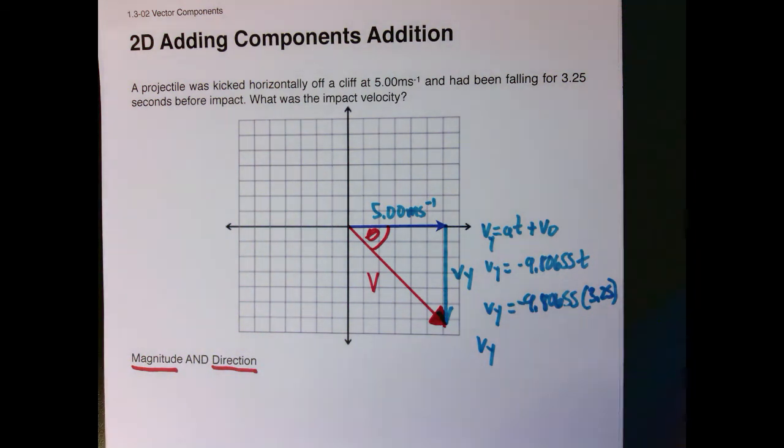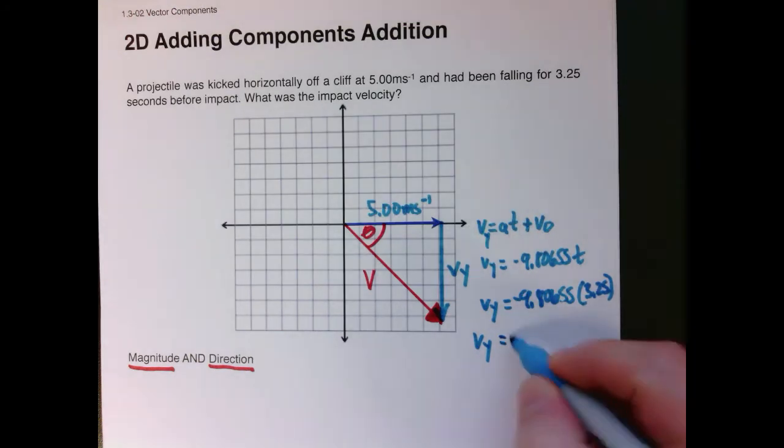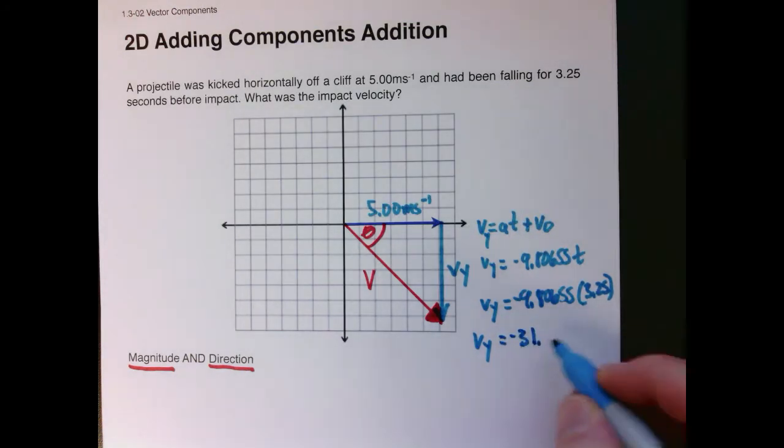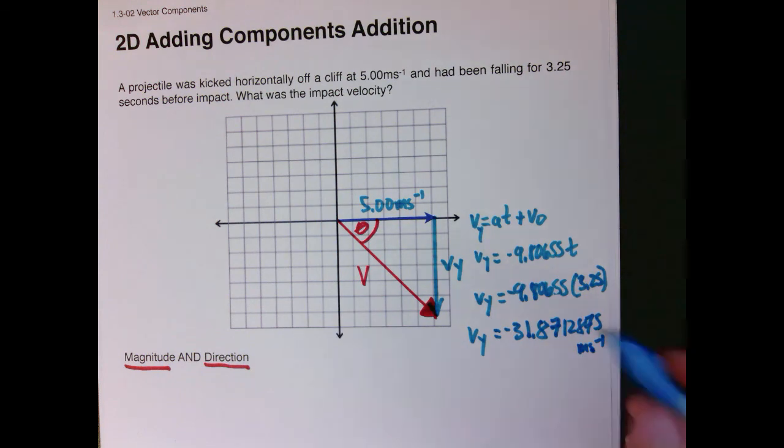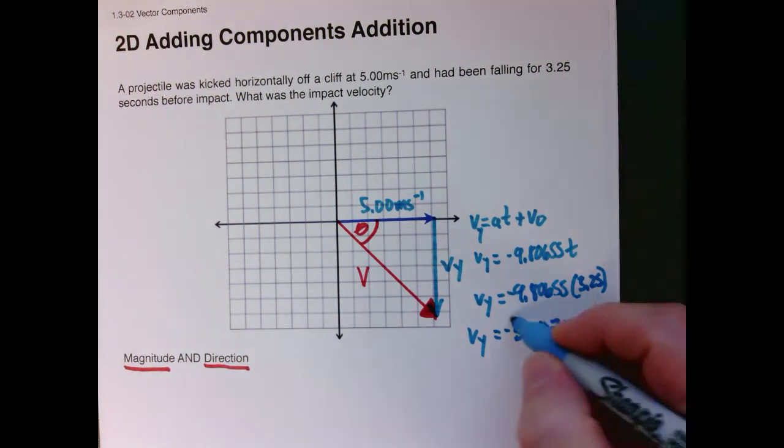That gives us a vertical velocity of negative 31.8712875 meters per second. And now I'm going to store that value as y.